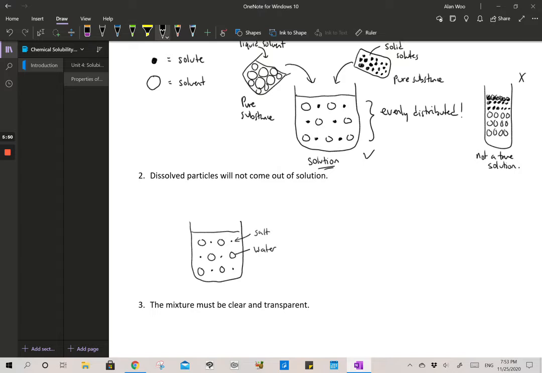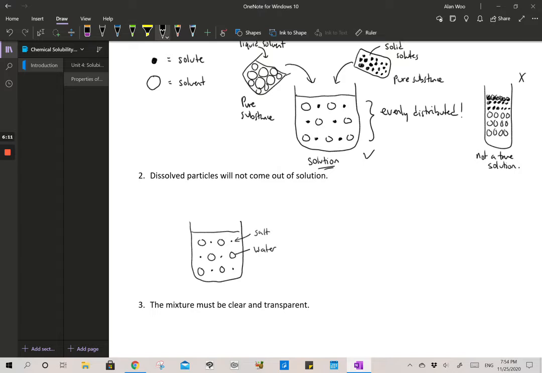So you don't have to wait till all the water disappears, or evaporates. Even if half the water starts evaporating, you're going to find that there'll be salt particles or crystals forming at the bottom. Okay, so one way to make sure that this doesn't happen is to obviously put a lid on it.